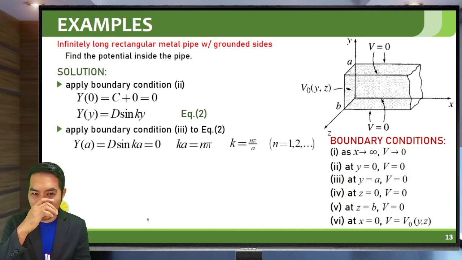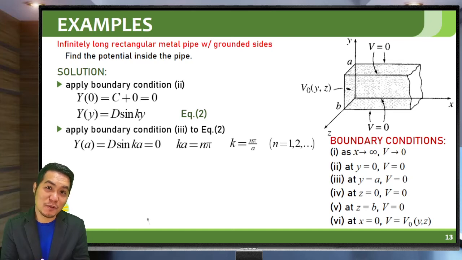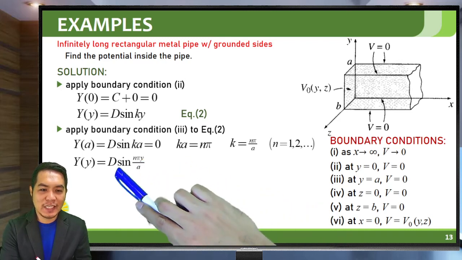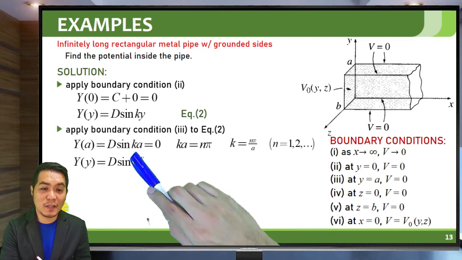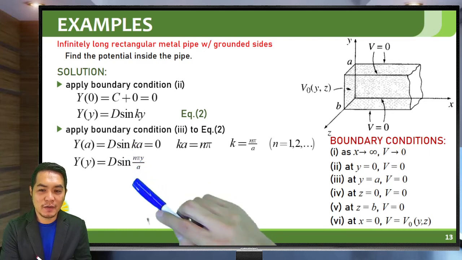Again, we don't include the trivial solution that will make our potential V equal to 0. V equal to 0 is always a solution to everything. So this means that our y solution will just be D sine of n pi over a y.